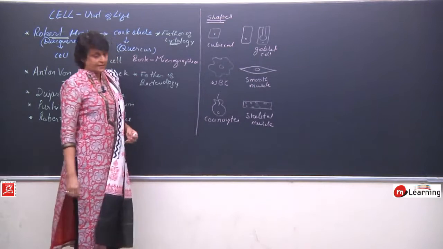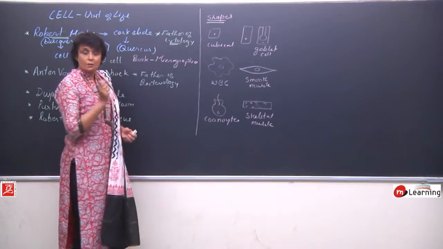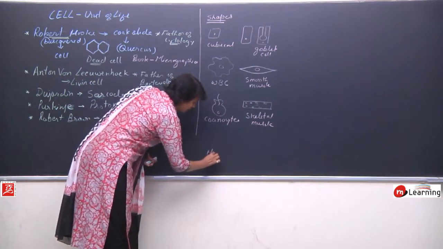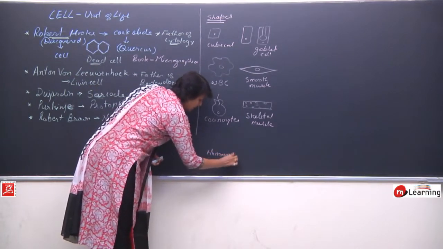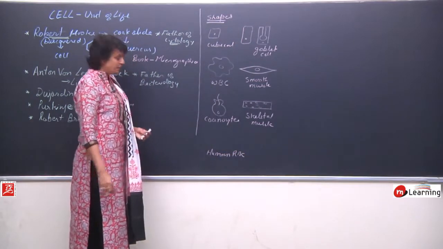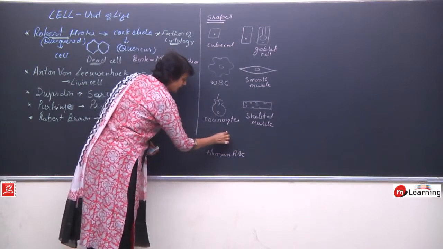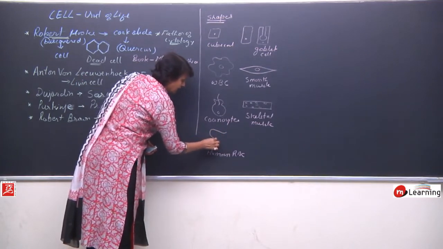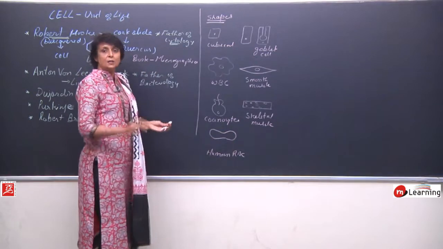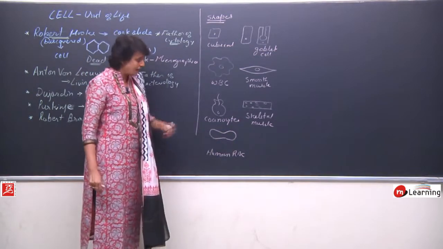So this is skeletal muscle cell, rectangular. If we see the shape of RBC, in case of human RBC, because human or mammalian RBCs are enucleated, they are biconcave. That means in the center there is no nucleus, and that's why we see a depression on both the sides. So it is biconcave.